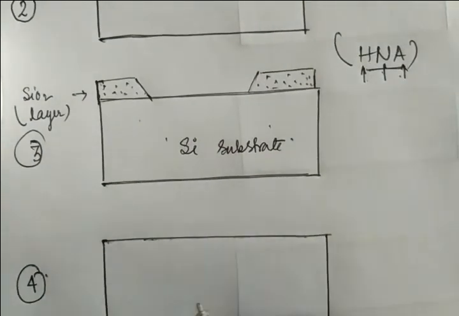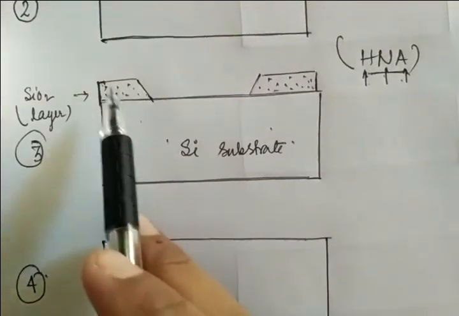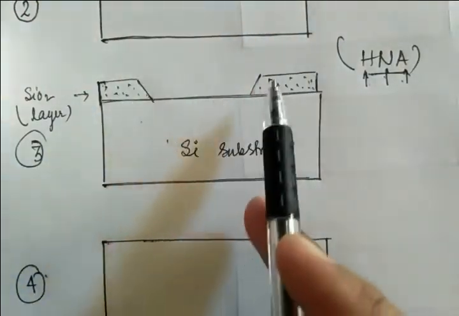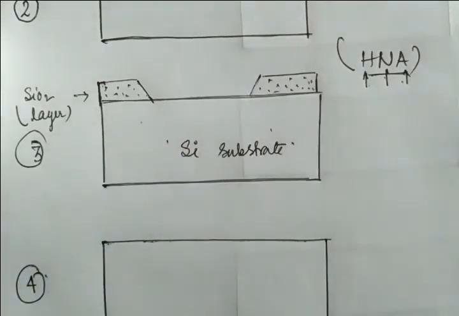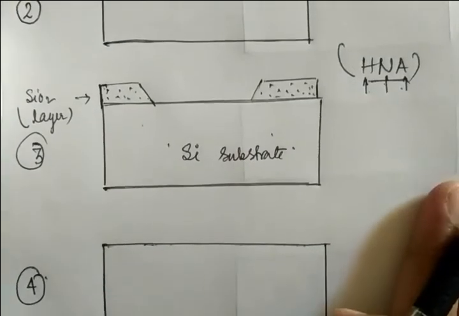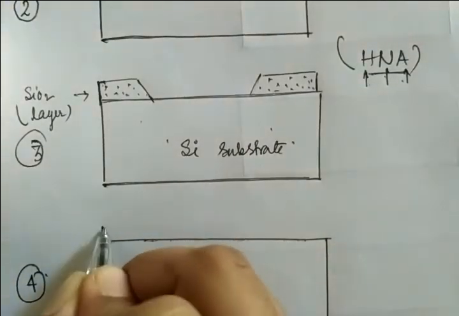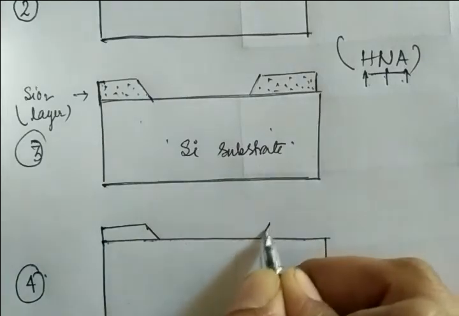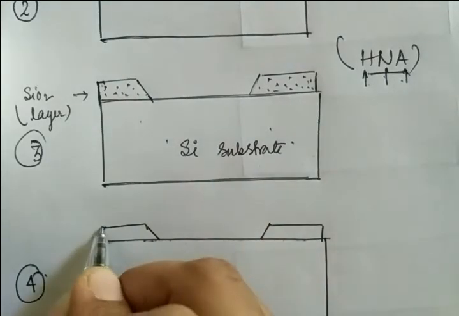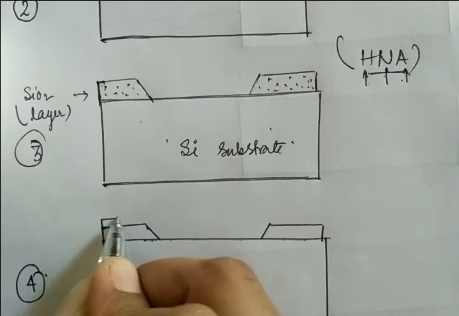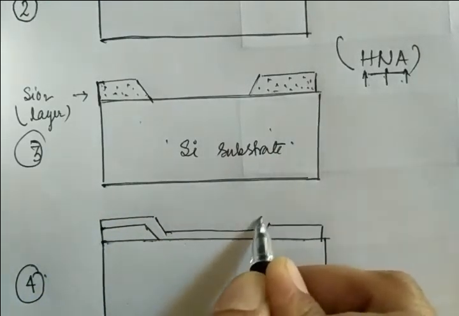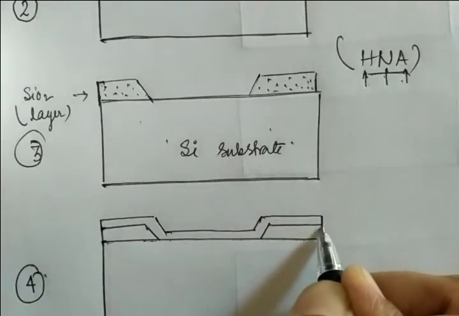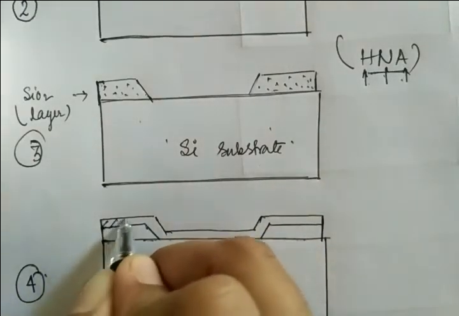Coming to the fourth position, this total surface is covered with a thin and high quality oxide layer, which will eventually form the gate oxide for this MOS transistor. We have already done this one, right? Some layer will be deposited over the entire surface, just like this.